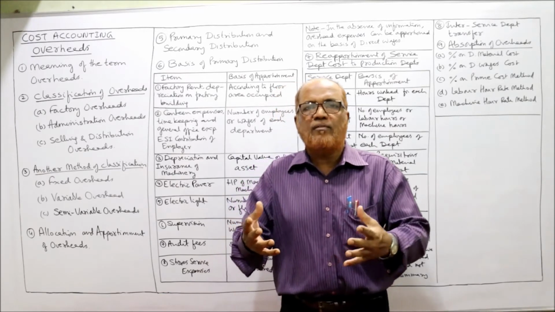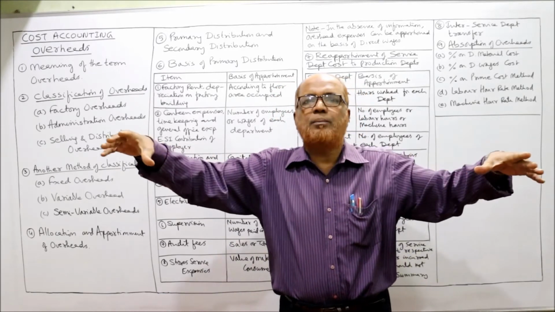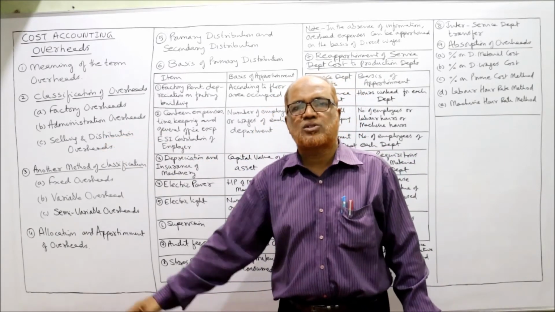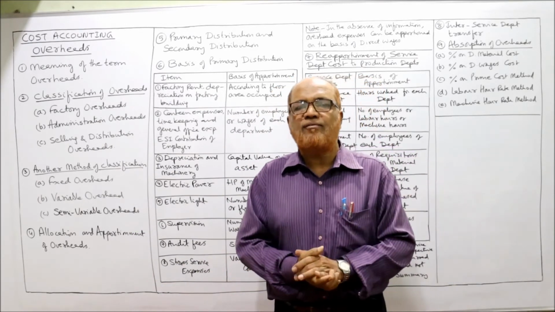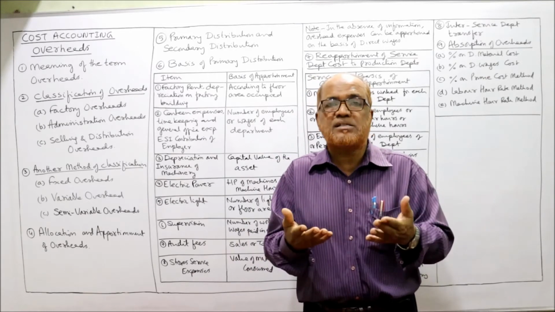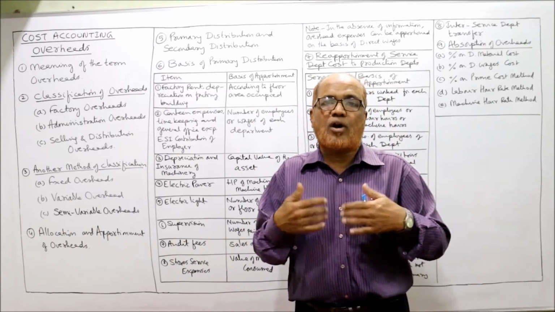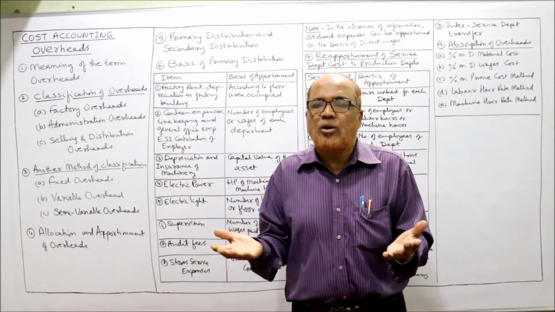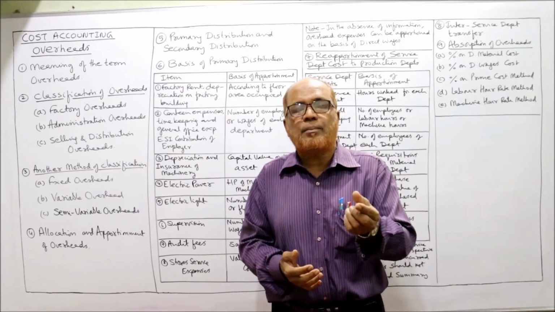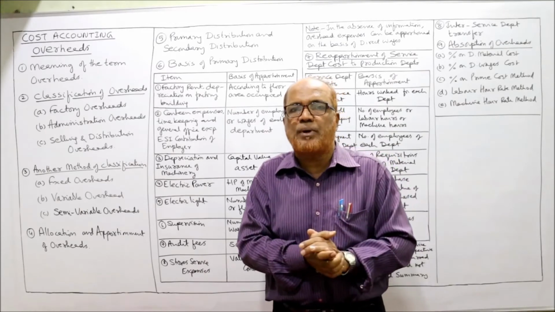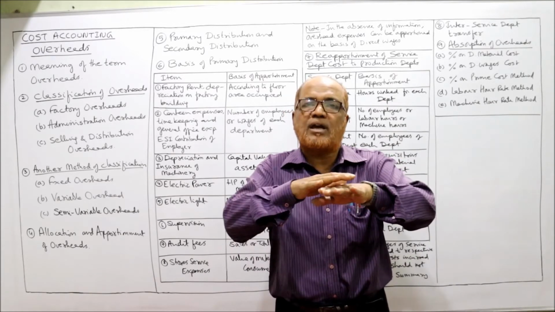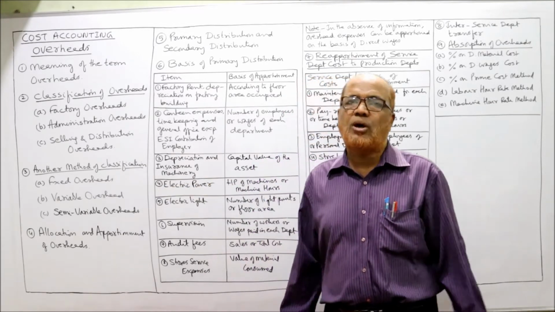A common overhead which is divided between all the departments on some suitable basis is called apportionment. That's it. There are no hard and fast rules regarding on what basis we have to apportion. On what basis we have to apportion the overheads? No hard and fast rules. But general principles are given. By following those general principles logically, we can be able to apportion the overheads.